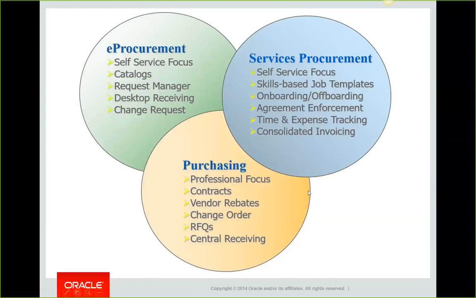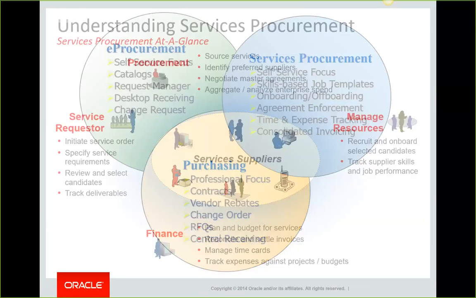PeopleSoft introduced services procurement to pull the contract labor notion out of HCM and instead include it with the financials and supply chain database solution, so you can include all of those activities with your procurement spend. There are skills-based job templates. It's all about onboarding and offboarding and during the management. There's time and expense tracking, things like that, and it's all integrated with the system as we'll see.